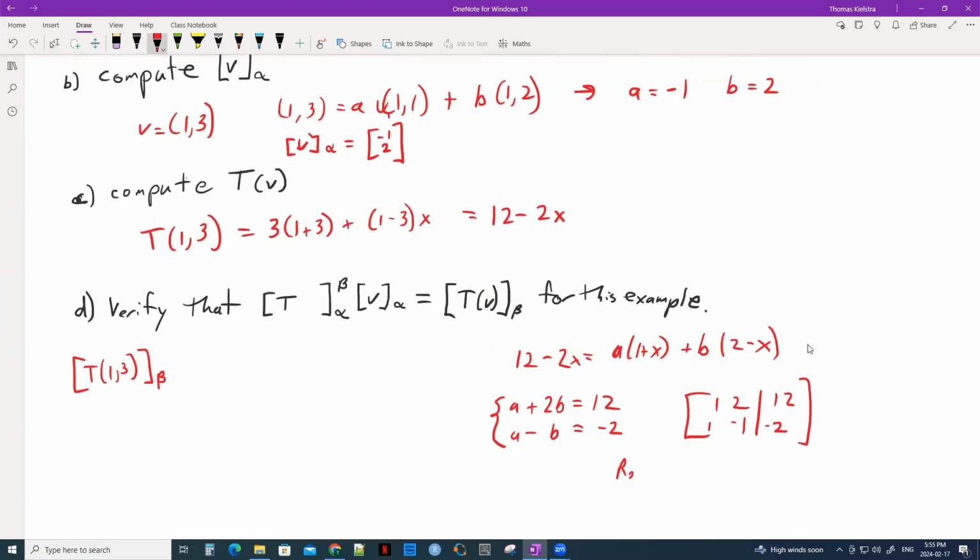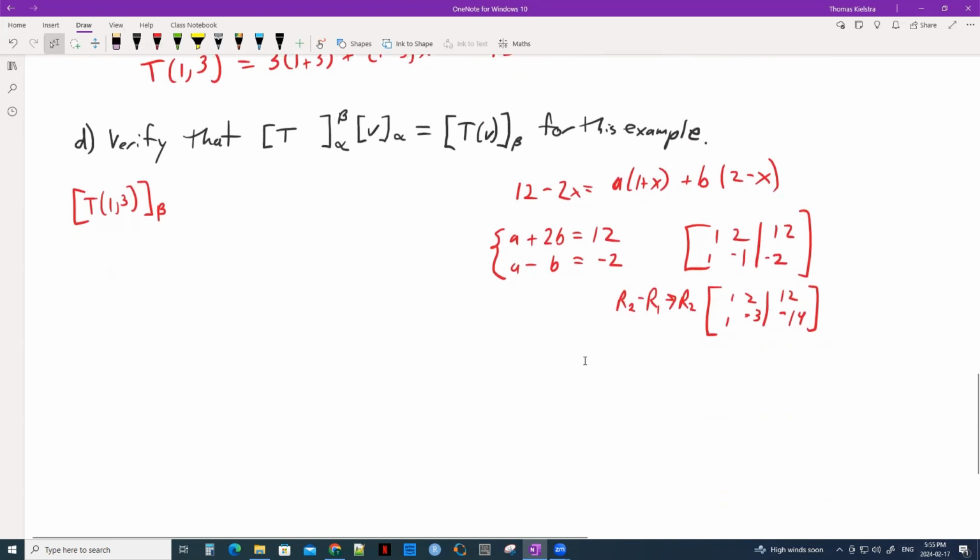Taking R2 minus R1, replacing R2, gives us 0, minus 3, minus 14.